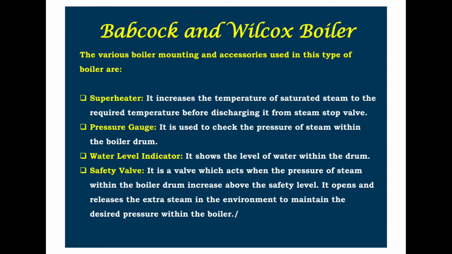The safety valve is a valve which acts when the pressure of steam within the boiler drum increases above the safety level, which means it will protect the boiler from bursting. The valve will automatically open and release the pressure. Finally, we can get the safe pressure level of the boiler.